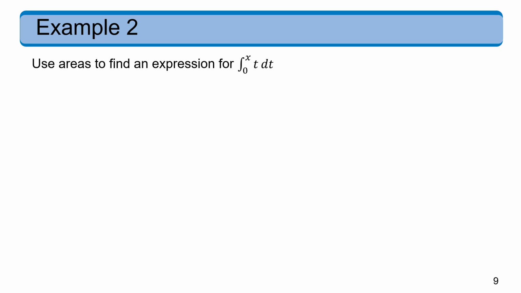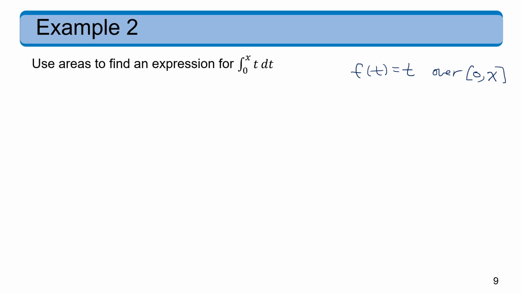Here we're asked to use an area argument to find an expression for the integral we see here. So notice we're integrating the function f of t equals t, that's our integrand, and the interval is from 0 to x. So we're still dealing with this particular type of function where the right endpoint is the variable x.